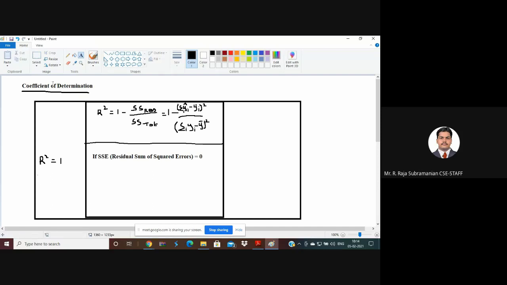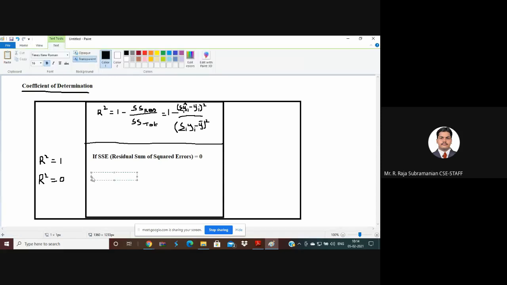Next, R squared is equal to 0. When will R squared become 0? If SSE is equal to what? SST. Can I write like this? What is T? Sum of squares total. Yes, great. So if SSE is equal to SST, what will happen? This and this will have the same value.